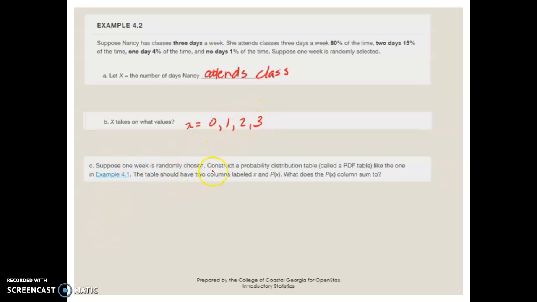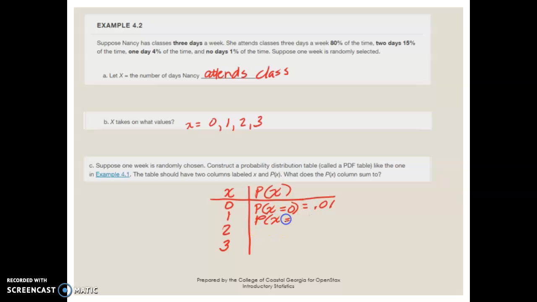Suppose 1 week is randomly chosen. Construct a probability distribution table, called a PDF table, like the one in example 4. I could insert a table if you like, or I could just write one down. X equals 0, 1, 2, 3. And the probability of X equaling 0 is 1% of the time, so that is 0.01.